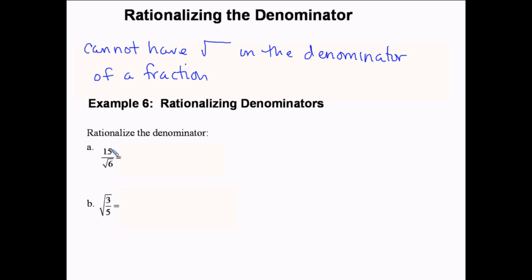Well, this is not a square root. The 6 is. I can't make this into a single fraction because a non-square root and a square root don't combine that way. So we have to do what's called rationalizing the denominator. To rationalize the denominator is a process where you square.